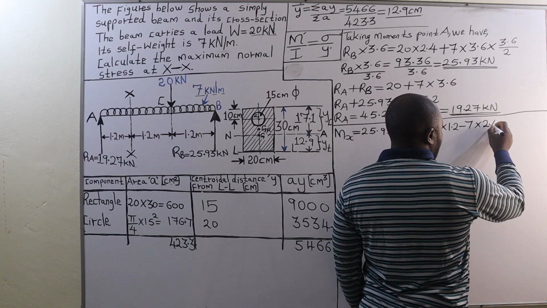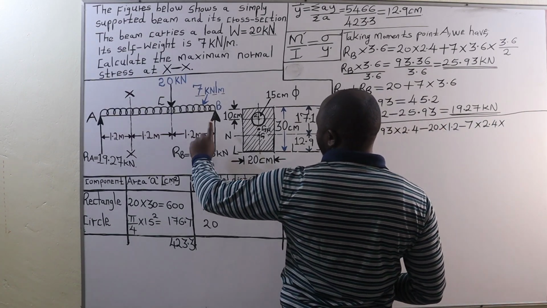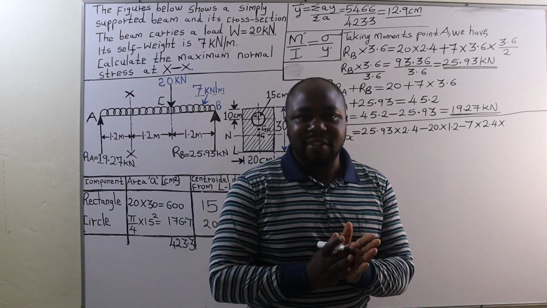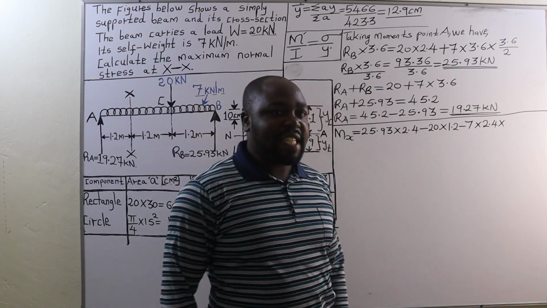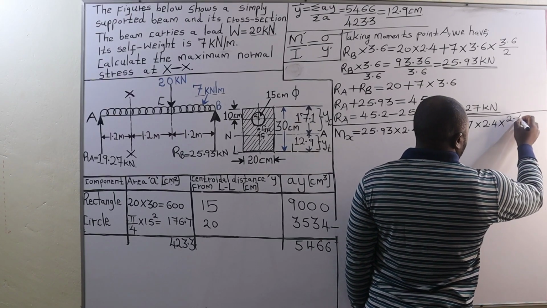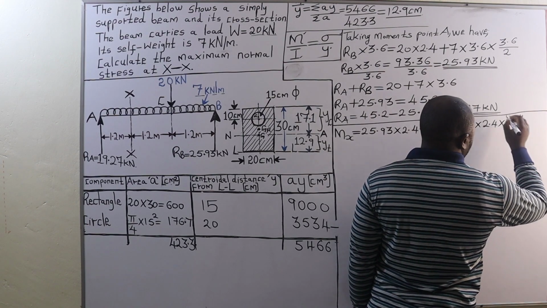So that is converting the UDL to a point load, which acts at the midpoint of B and XX, which in this case is 2.4 divided by 2.